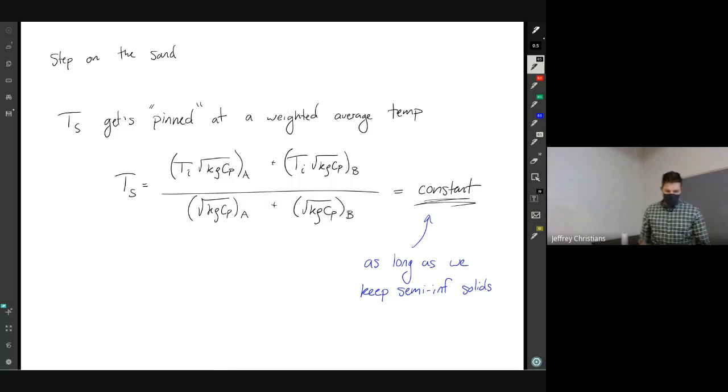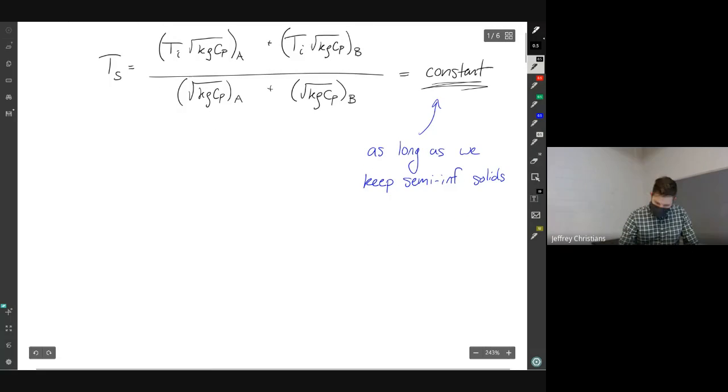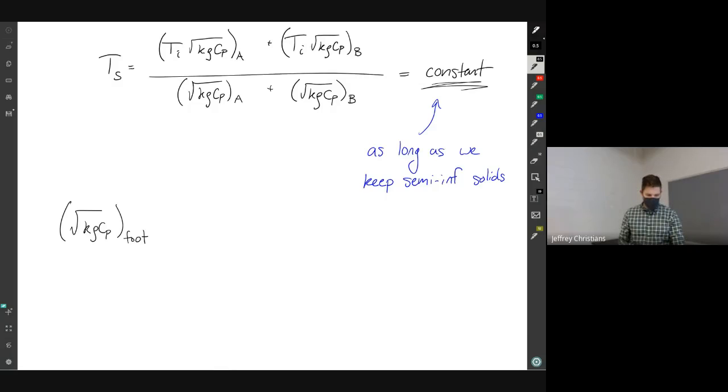For our foot, this weighting factor, square root of k rho Cp, of your foot, which I believe we called object A, we would plug in the thermal property data that we have.